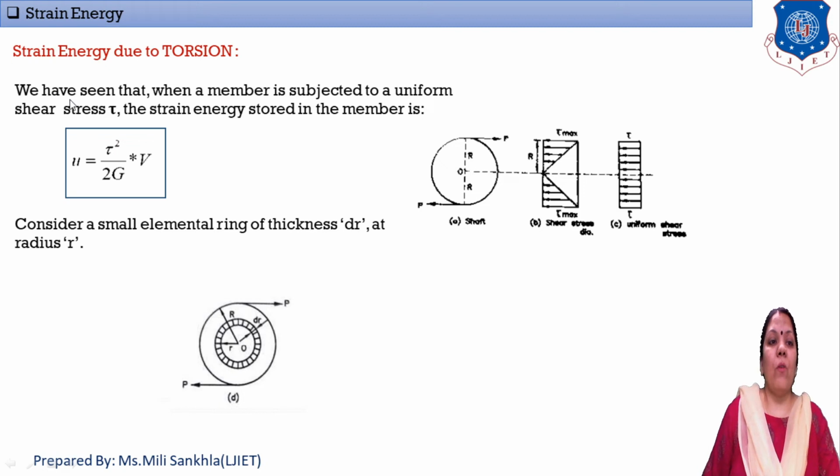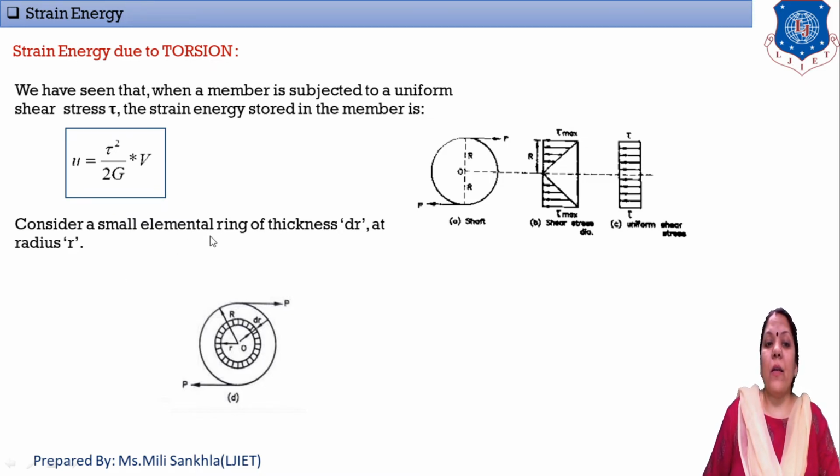Okay, now we have already proved that when our member is subjected to uniform shear stress tau, then the value of strain energy U is equal to tau square by 2G into volume. This is the case of a block subjected to shear loading. Now to prove this derivation, here I take one ring. First of all we find the torsion of the ring, and then we find it for the overall shaft.